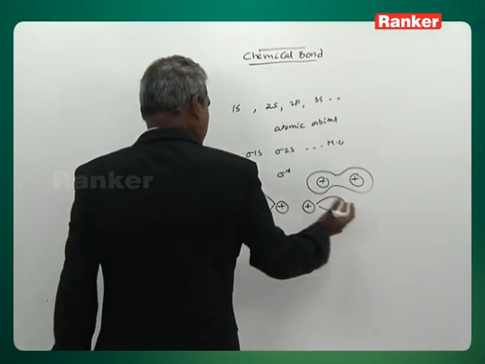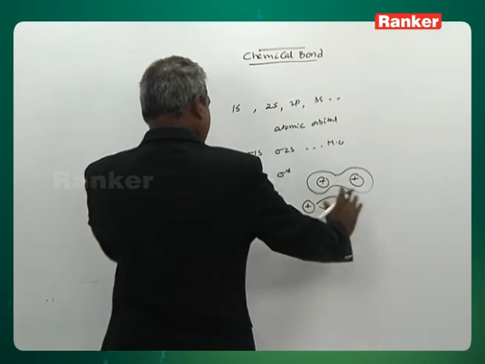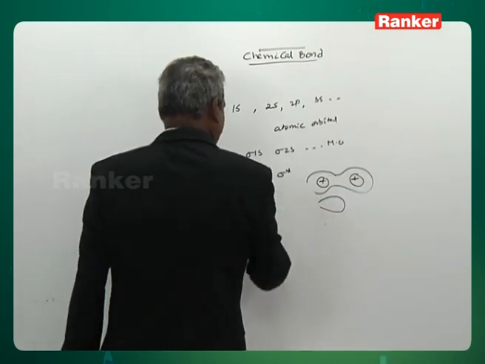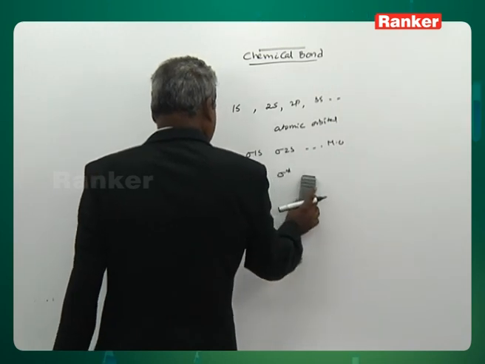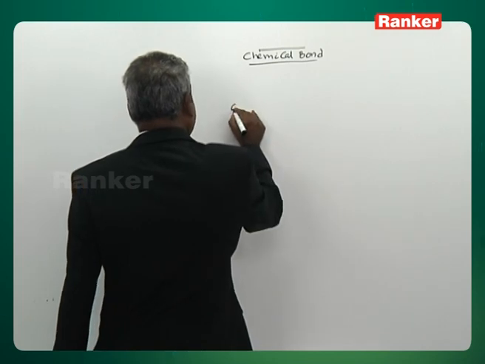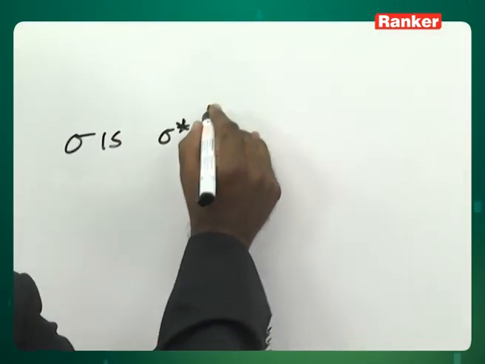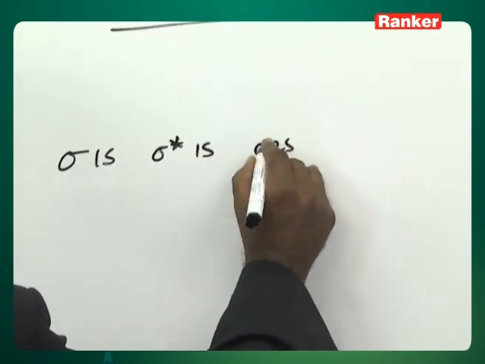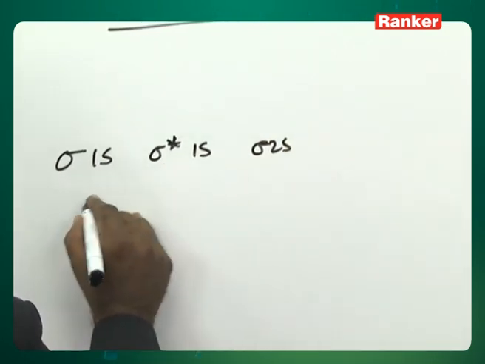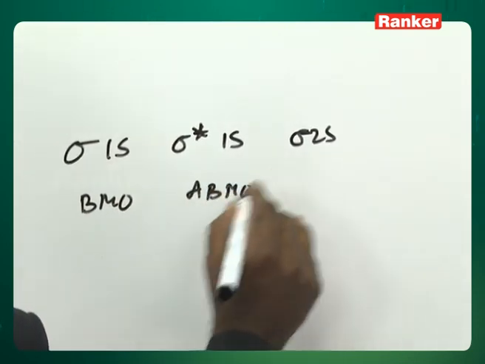So here these two are bringing the atoms together, and here these two are taking the atoms away. So what are the bonding molecular orbitals? Sigma 1s, sigma star 1s, sigma 2s. Whenever there is a star, it is an anti-bonding molecular orbital; without a star, it is a bonding molecular orbital.